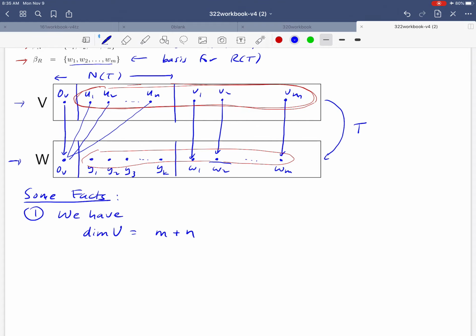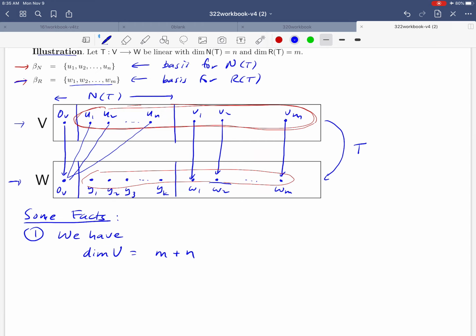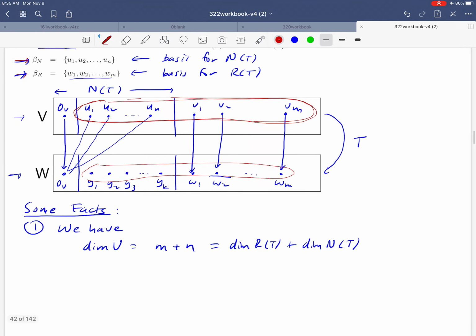But what's special about the m and the n? m was the number of vectors in the basis for the range, and n was the number of vectors in the basis for the null space. So what we get here is the dimension of the range plus the dimension of the null space. That's what our diagram suggests. It turns out that this statement is true, and this is a monster theorem in linear algebra. It is called the dimension theorem.